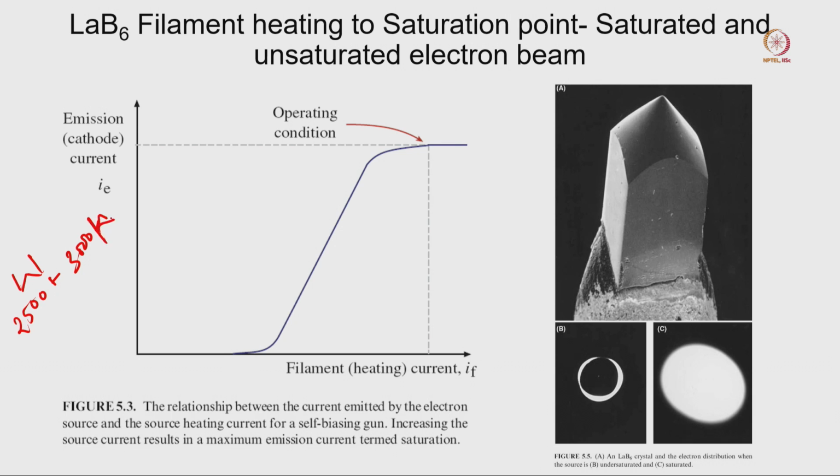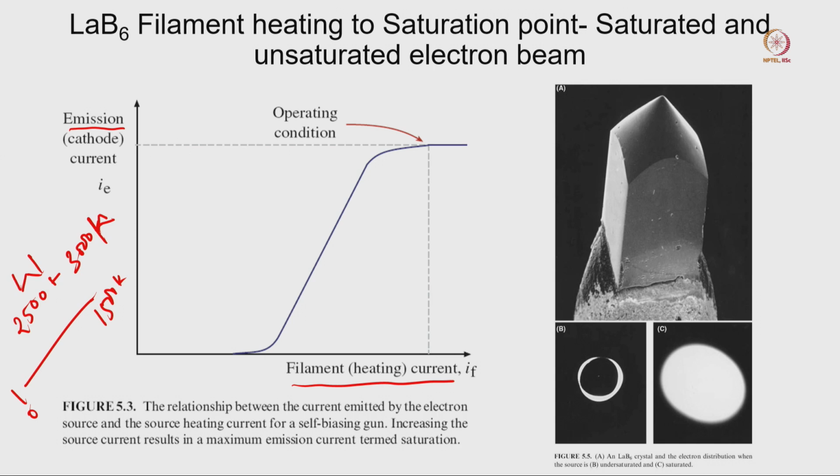Here, if we go from 0 to 1500 Kelvin, you will not get enough electrons, you will not get any electrons. So you can see this is the filament heating current and this is the emission current. Filament heating current means how much heat energy you are giving, and then what electrons are coming out from that filament, that is called the emission current.